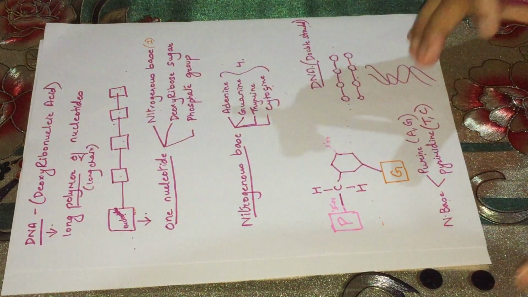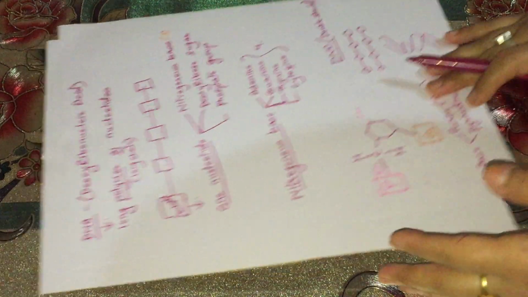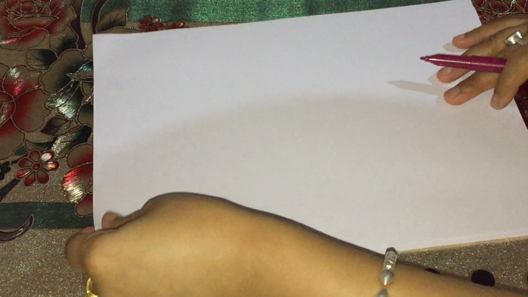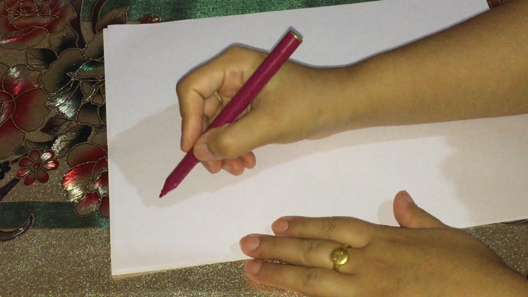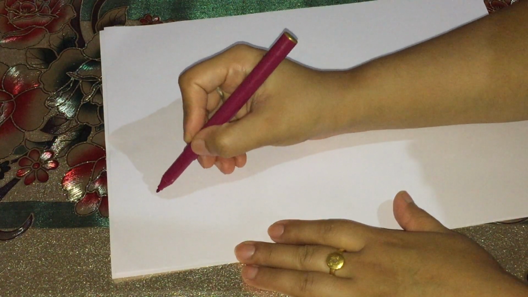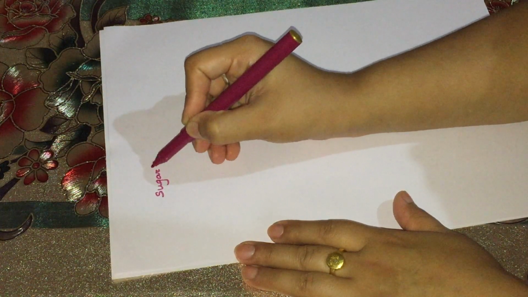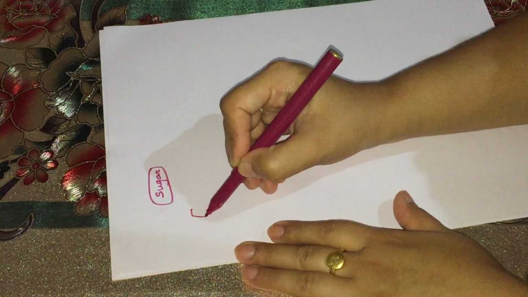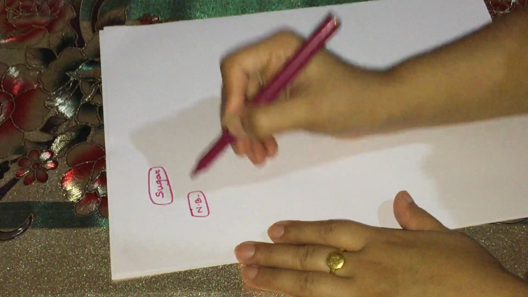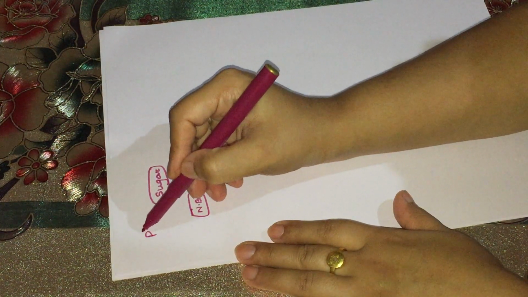Now we'll look at how the different nucleotides are linked. It is given in your book also. If this is deoxyribose sugar, if this is the nitrogenous base, and if this is the phosphate group.